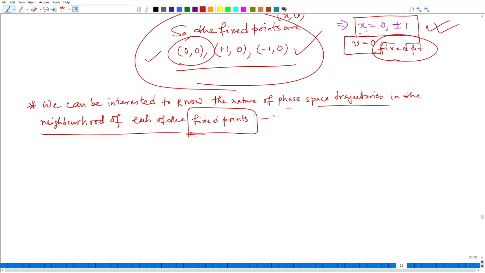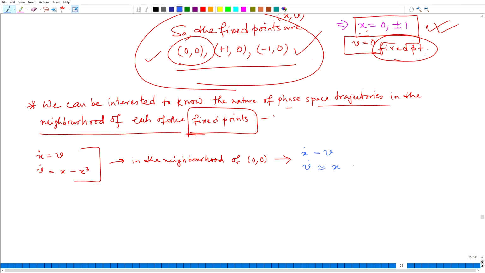So, I know that the evolution equations in the phase space are given by this, and in the neighborhood of 0 0, x dot you can write equal to v, but v dot you can practically write as x, as x cube is very small compared to x, because x is very small.